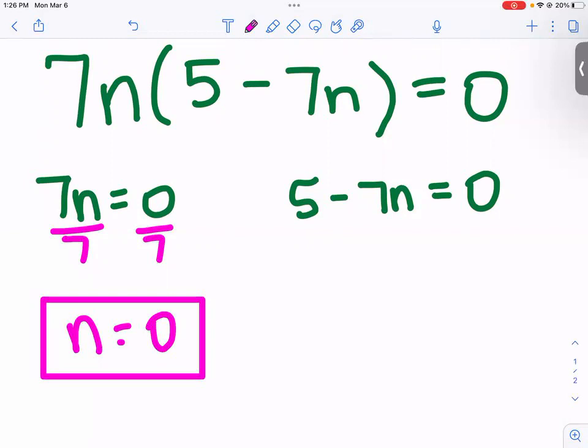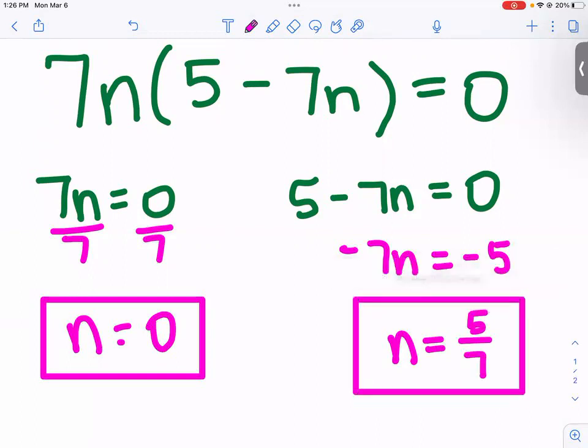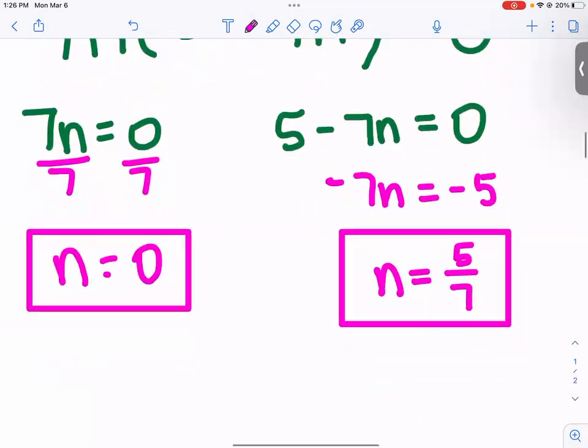Over here, negative 7n equals negative 5, right? Yeah, but you still need to divide by negative 7 on the other side.